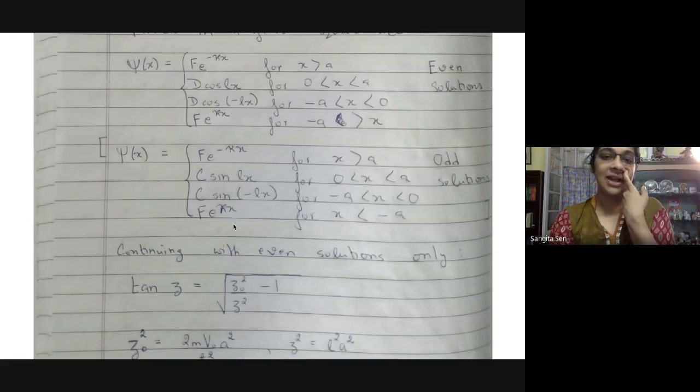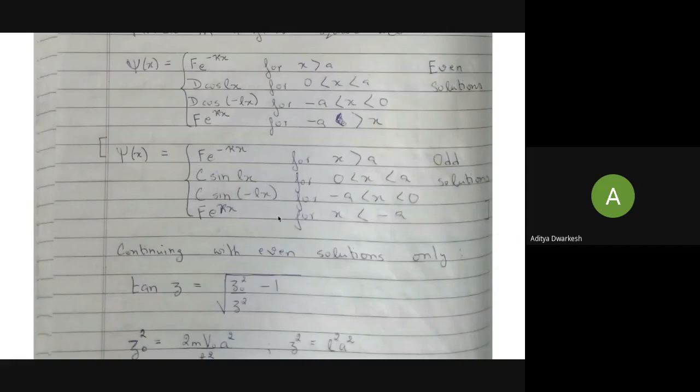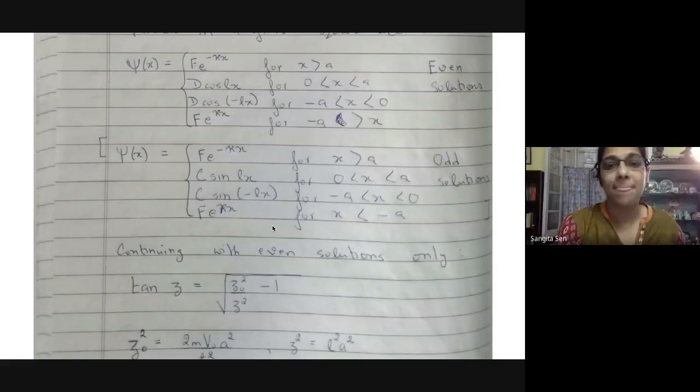So the values of kappa will also turn out to be different when we solve for the odd solutions. So then eventually it will turn out to be odd. No, but what I was saying was, shouldn't we have minus f in one of the places? Oh, you mean to make it minus? No, that is not necessary because again we will solve for f. So maybe it turns out to be some minus.